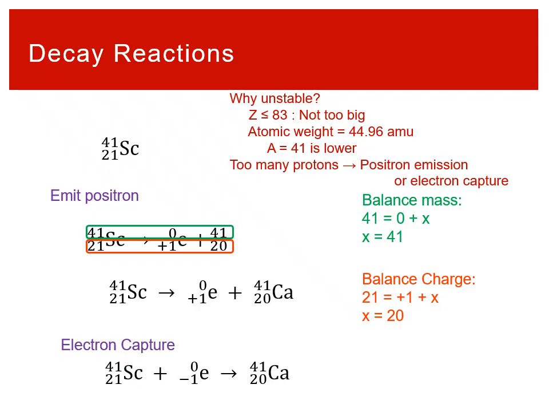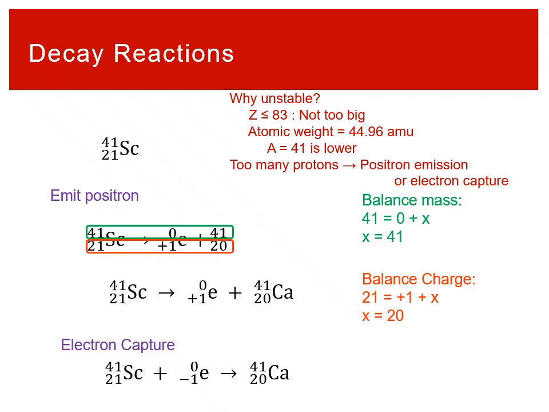Very nice. If you do electron capture, though, you end up getting a similar idea. If you balance it out, you still get calcium-41 as the product nucleus. So when we ask, why is it unstable? It can be either of these processes, either positron emission or electron capture.